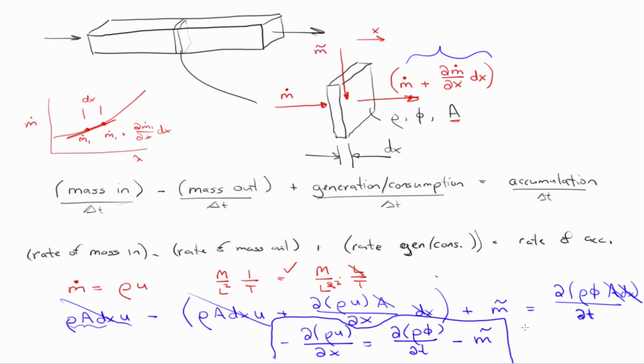So this is the mass conservation equation, also known as the continuity equation. And this is in 1D.